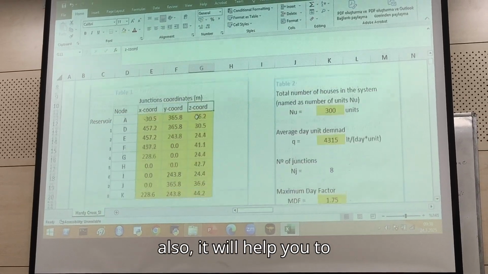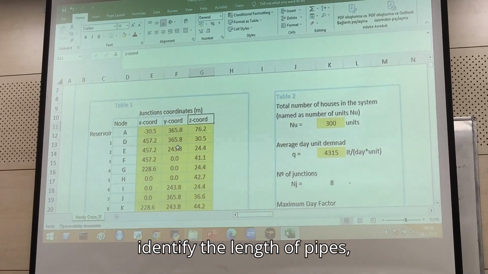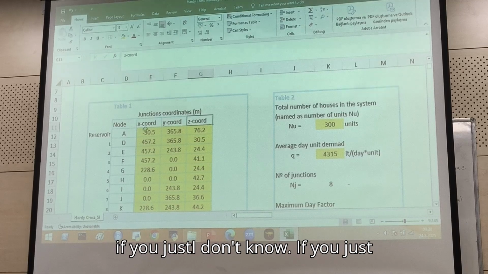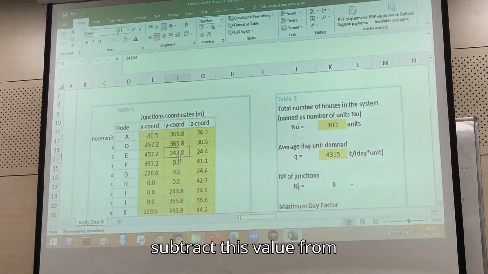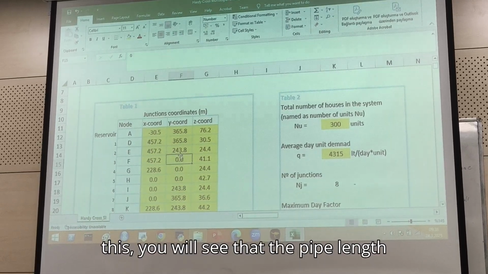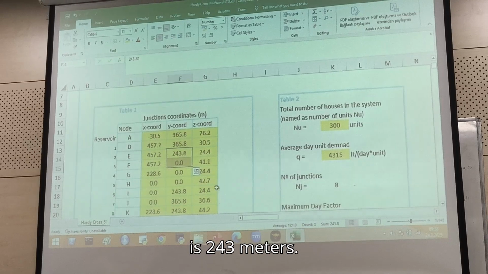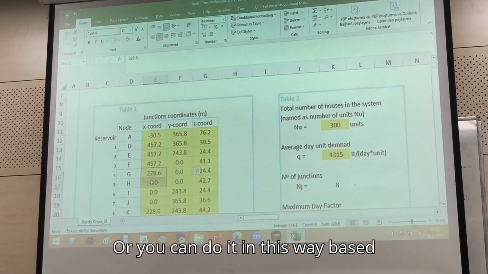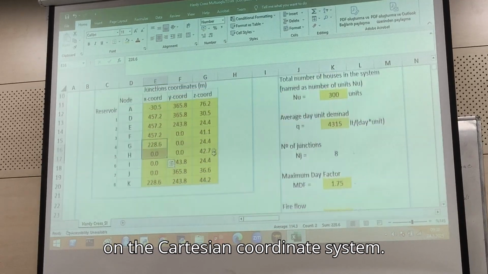And also, it will help you to identify the length of pipes. If you just subtract this value from this, you will see that the pipe length is 243 meters. Or you can do it in this way. It's based on the Cartesian coordinate system.